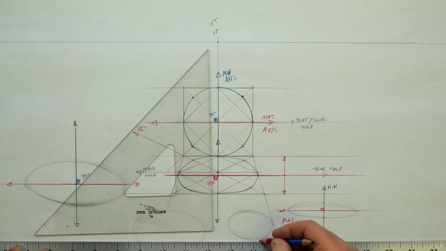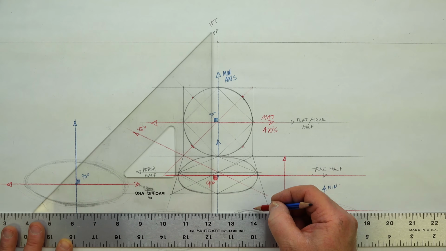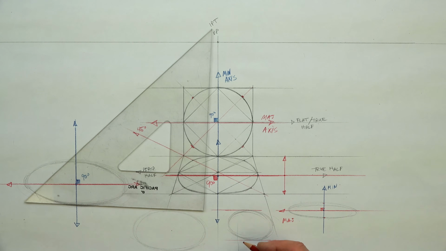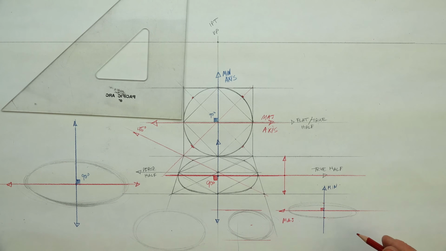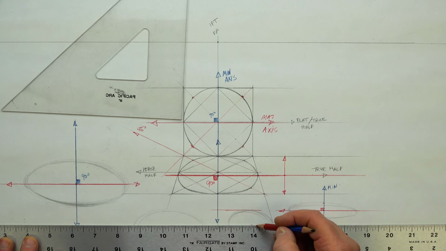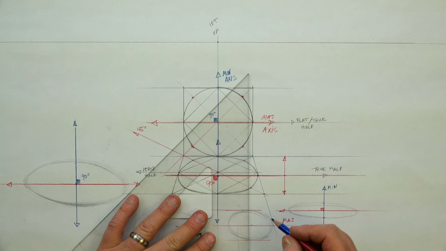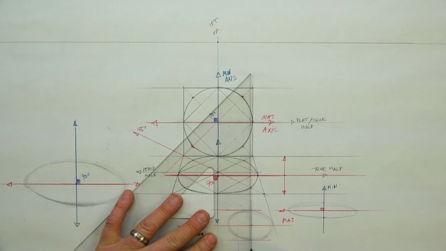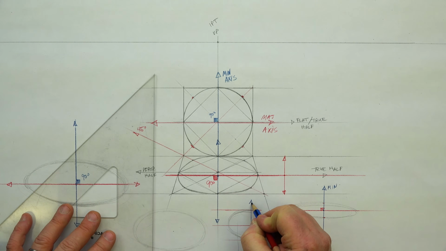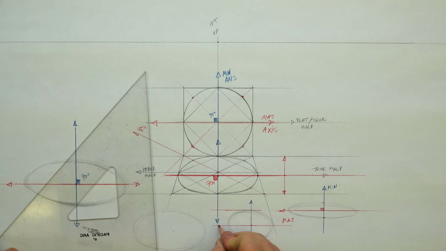So about half. What's its true half? You could take this measurement, that measurement over, and you can say what's true half, right in through there. Okay, and then we're coming over. There's our major, and of course our minor in the middle. Major and minor axis. So minor axis there, major axis there, and of course that's at 90 degrees.